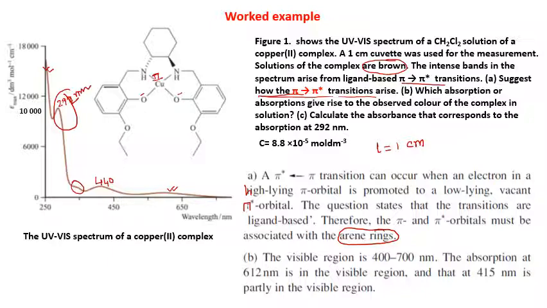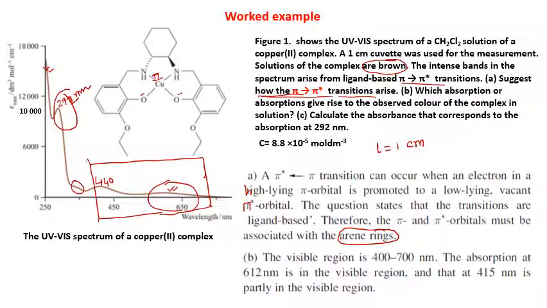So among these transitions, in this region, are the transitions that give your color. This 450 band is very broad in nature, coming from 400 to 450, and this band around 600 nanometer is categorically in the visible region.